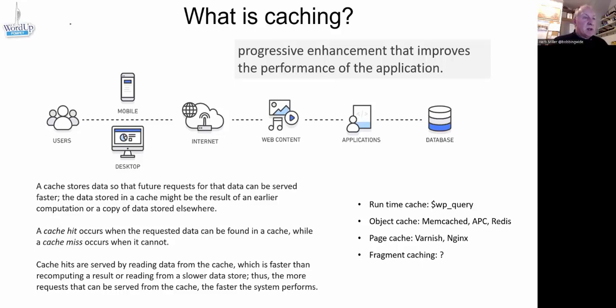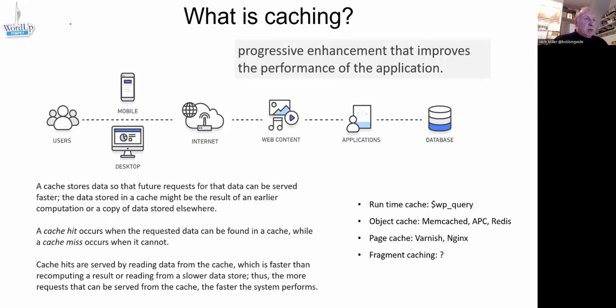And then when it gets into the website itself, it could be cached in such a way that when the page has been served up, it says, well, that's a good one, I'll keep that. Someone else might want to see that one. It can be saved and instantly served up. And then within the system itself, the application can perform different types of caching, listed on the right-hand side: runtime cache, object cache, page cache, and so on.